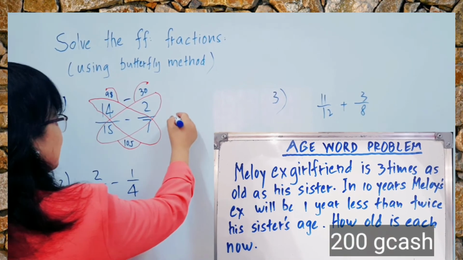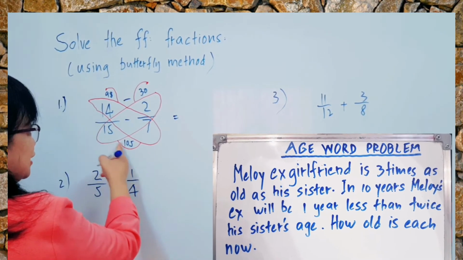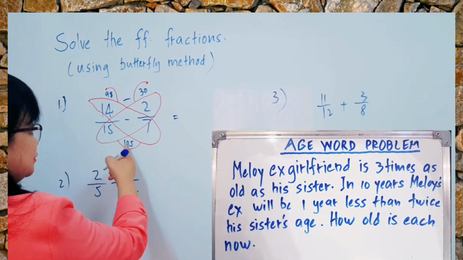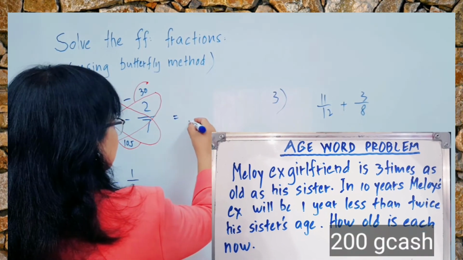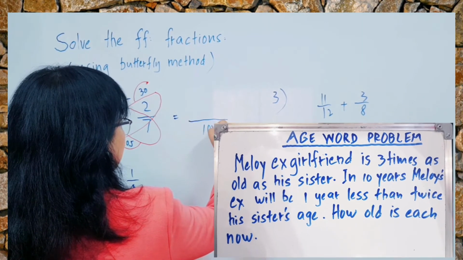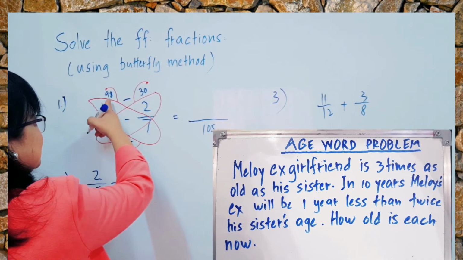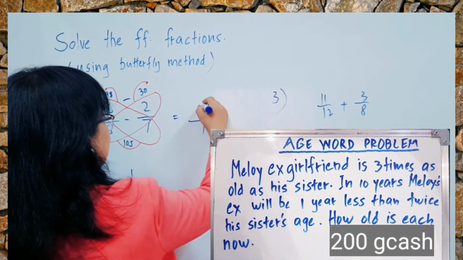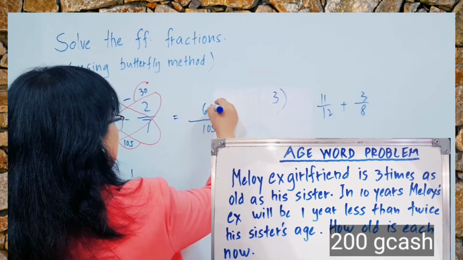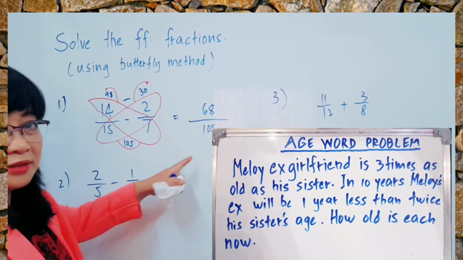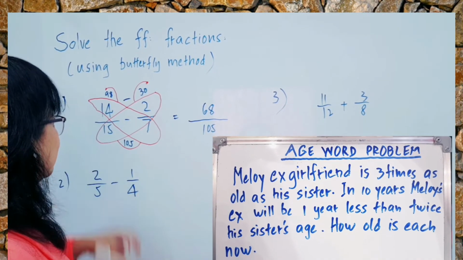Now, what will happen? The product of this one, which is 105, and 98 minus 30 is equal to 68. So, this is the answer for this one.